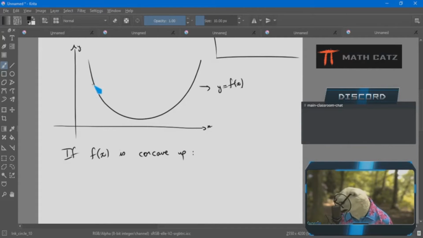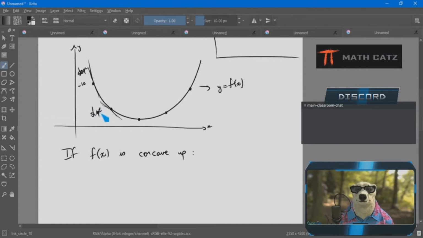Well, let's take some points of interest here. Let's take this point, and this point, and this point, and this point, and this point. Of course, there are many. I'm just taking some of them. And let's look at some tangent lines here. This tangent line over here, maybe its slope, it's pretty negative, right? It's pretty steep. Let's say it's -10. This slope over here, that was supposed to be a straight line.